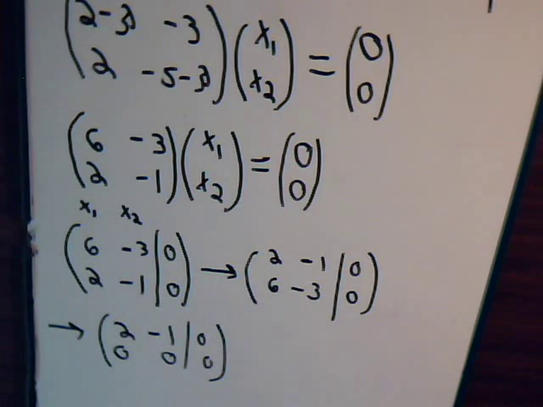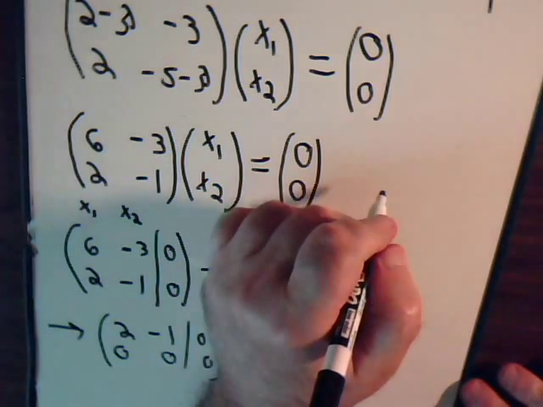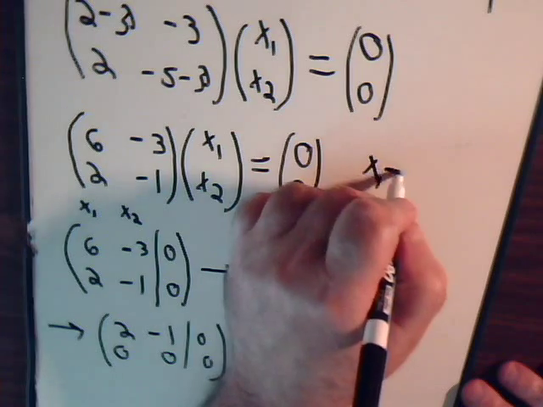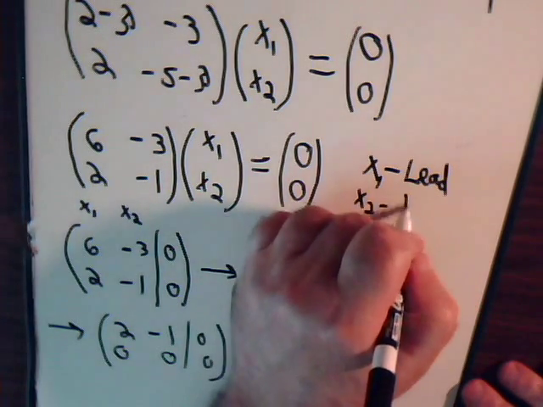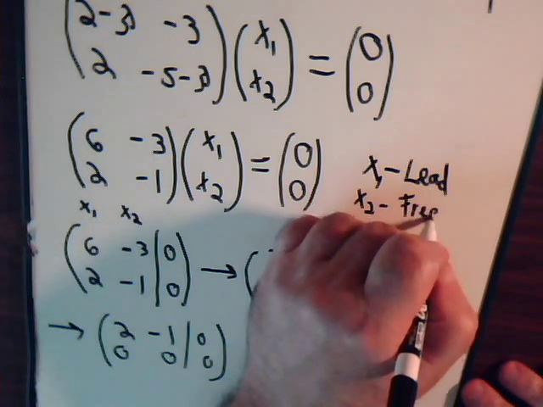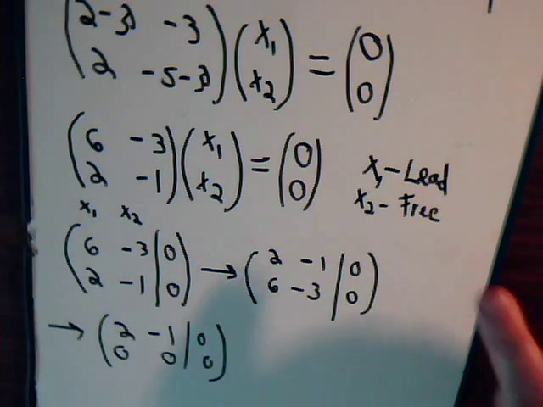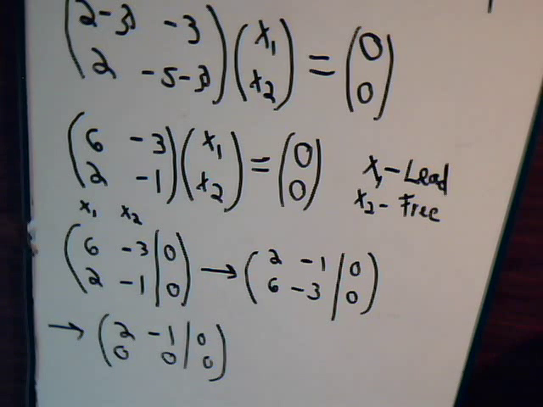All right, but let's look at this. What is the lead variable and what is the free variable? Obviously, x1 is the lead variable and x2 is the free variable. What we want to do is express the lead variable in terms of the free variable, which is pretty easy to do.